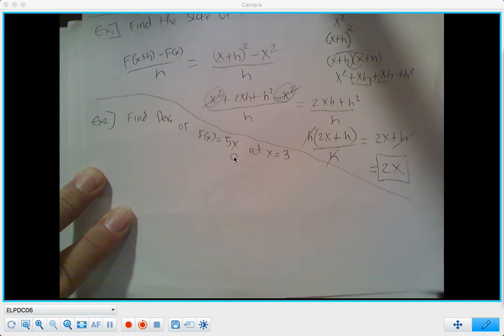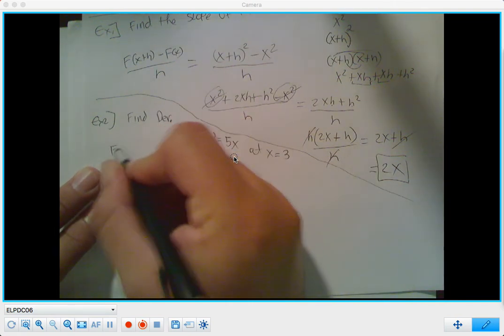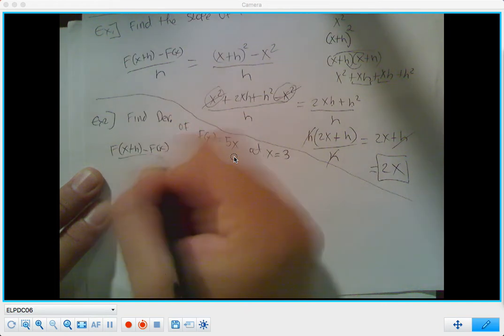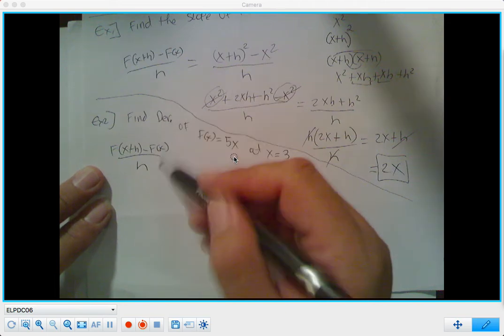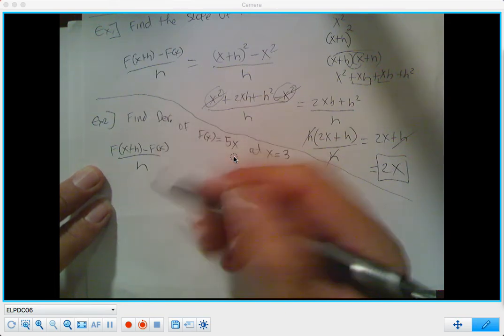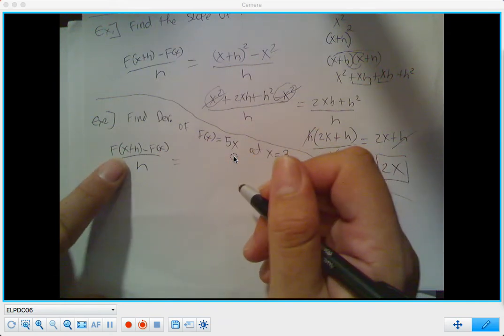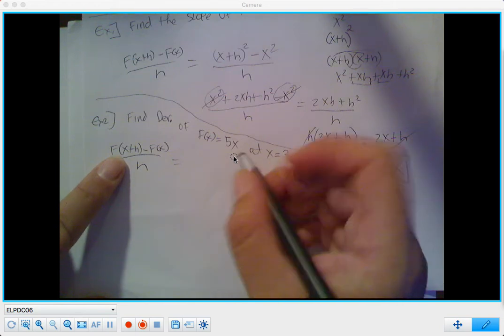Okay, so again, the first thing we're gonna do is copy the formula, f of x plus h minus f of x over h. The reason why I copy the formula for every problem is because you have to memorize it. Okay, and then I plug in.